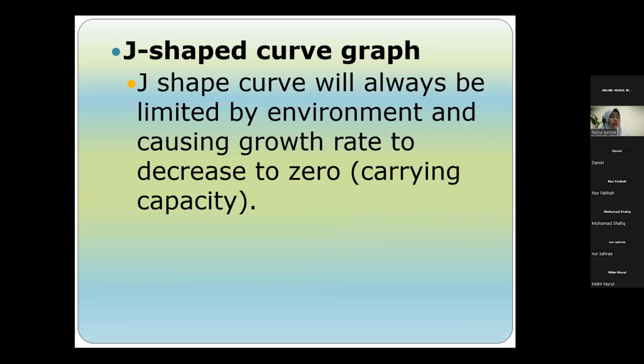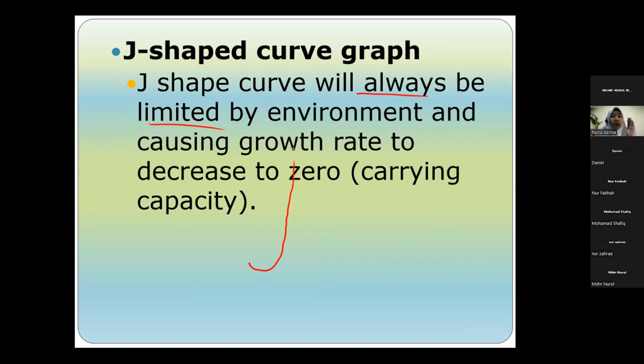Okay, the J-shaped curve will always be limited, meaning there is no population that can keep on increasing exponentially, right? Forever. There is none, right? Meaning to say at one time, the population growth will be slowed down and limited, right? So there is no population that will keep on increasing forever.